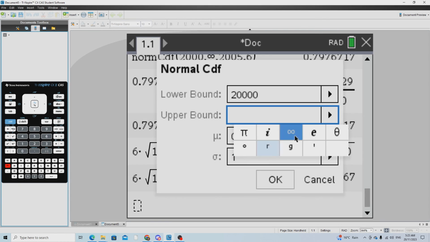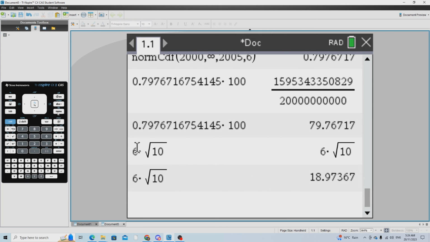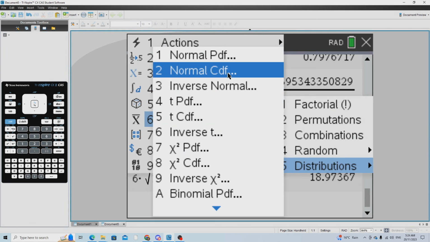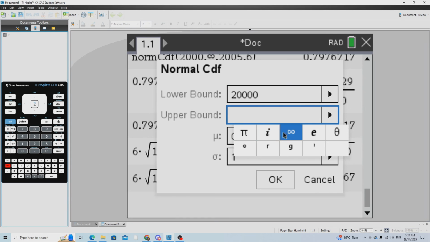Your mean is 20,050, and this is the standard deviation. Enter. Wow, didn't get anything. Let me do it again. 20,050. Sorry, what am I doing? So the lower bound is 20,000, sorry, 20,000, and your upper bound is infinity.